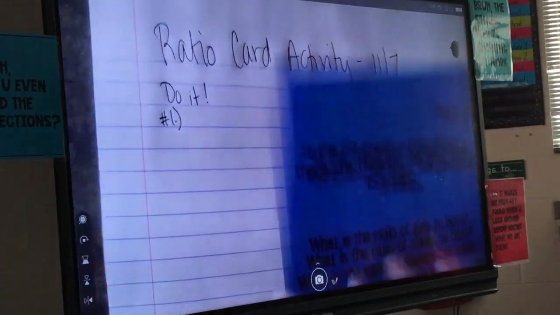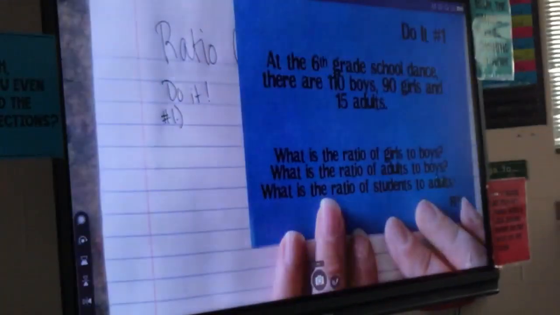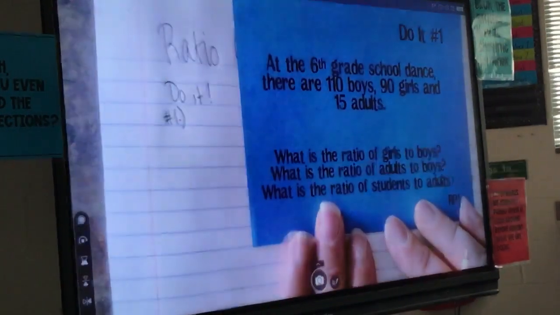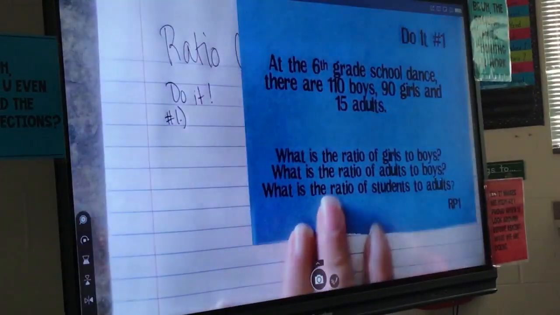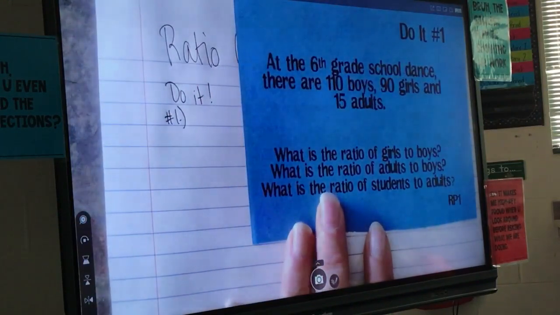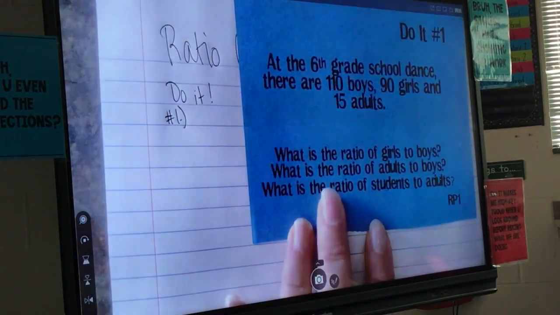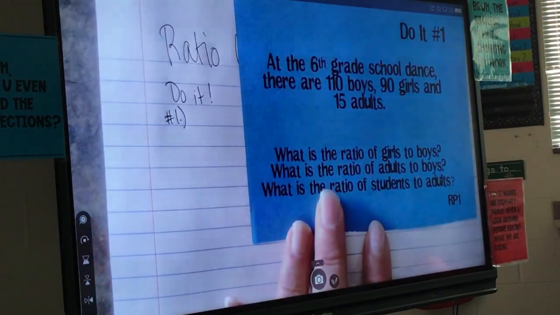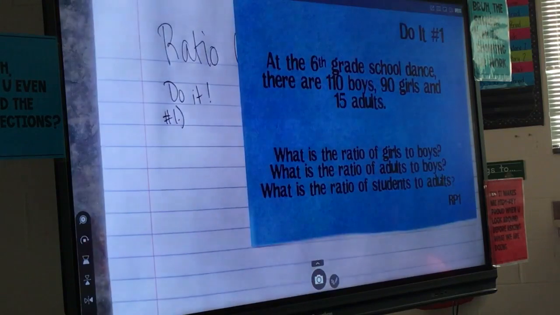With that one, it gives you some information. It says at the 6th grade school dance, there are 110 boys, 90 girls, and 15 adults. What is the ratio of girls to boys, of adults to boys, and students to adults? So that's what we're doing for this card.